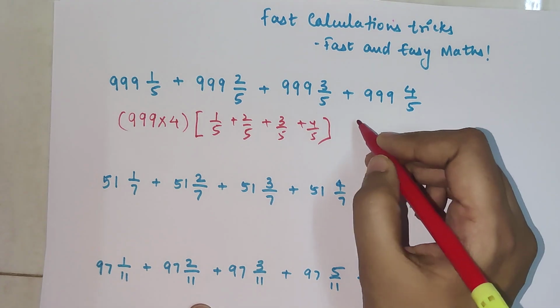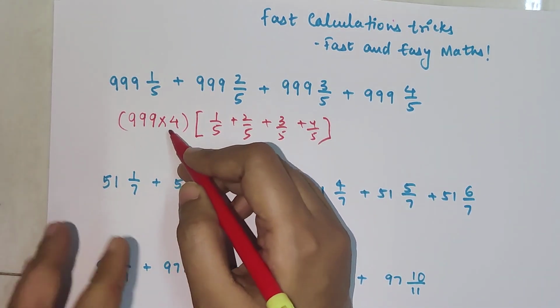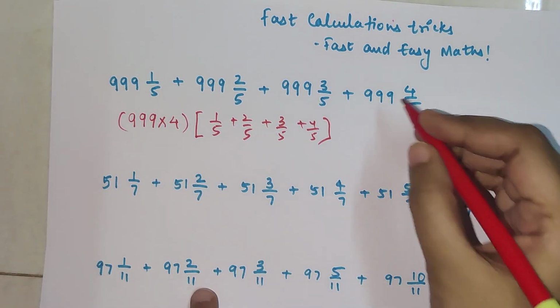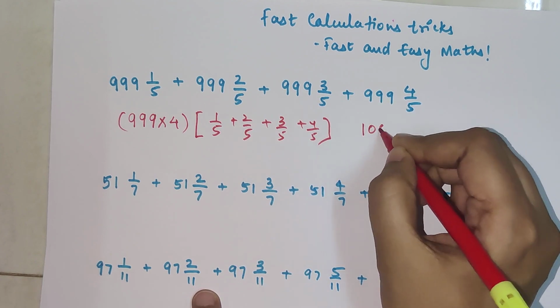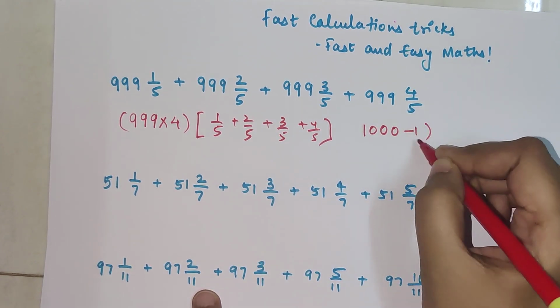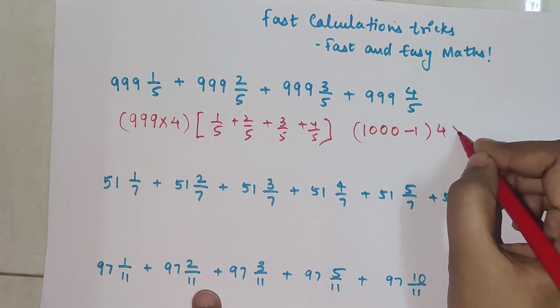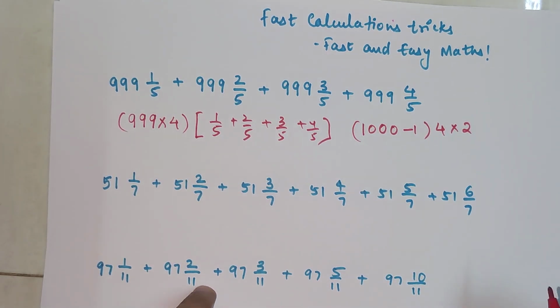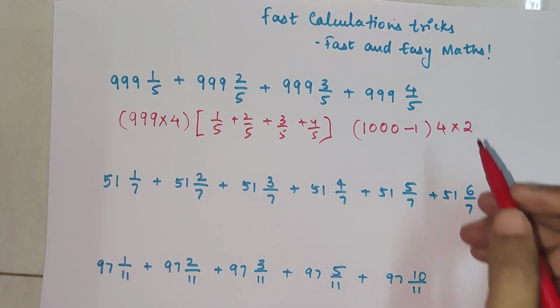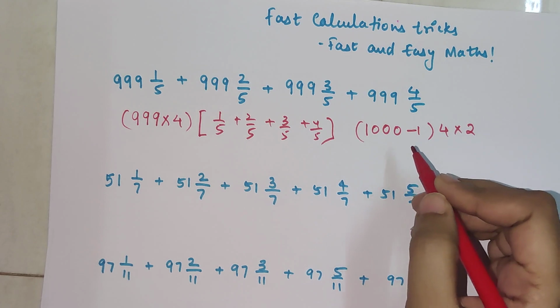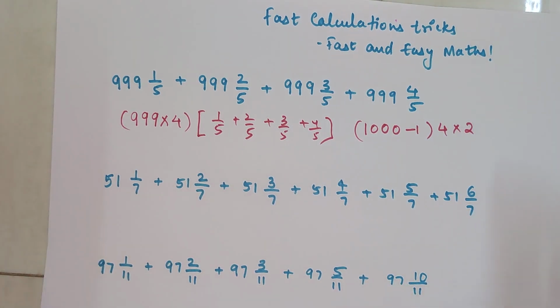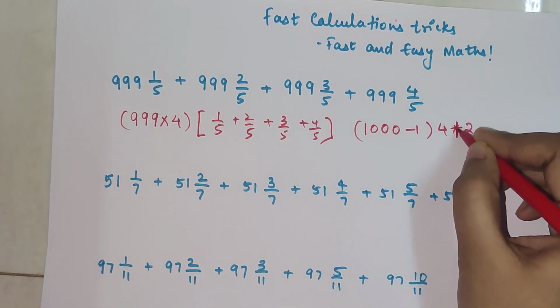Okay, now understand, here also you don't need to multiply 999 by 4. We can just write 999 as nothing but 1000 minus 1, into 4, into 2. Okay, so your final answer will now be, one second, this will be plus, this is a fraction, right?